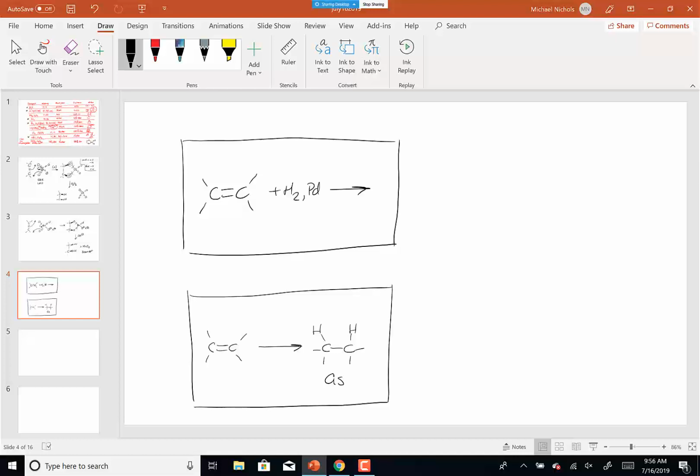Okay. So, any questions on the oxidation numbers of carbon?